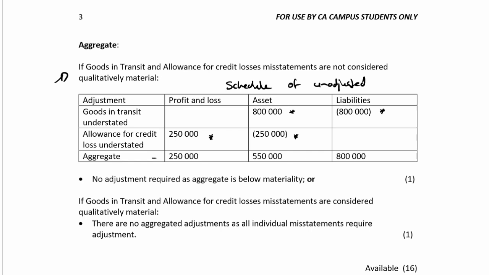I aggregate each of them, and I can see that in aggregation, neither of them is above materiality. So I can say the aggregate of my unadjusted is not material, therefore no adjustment required. Okay.